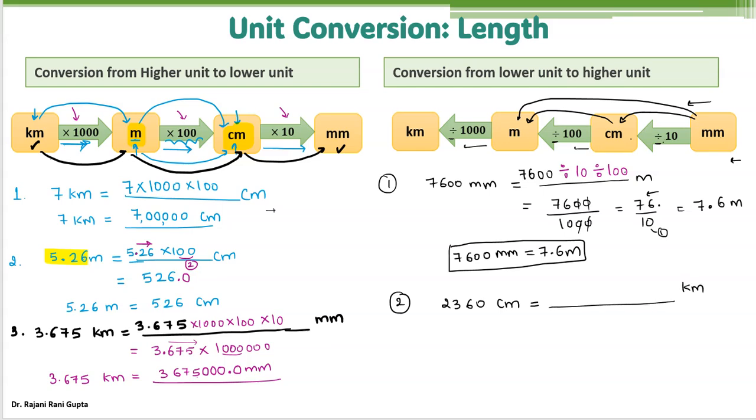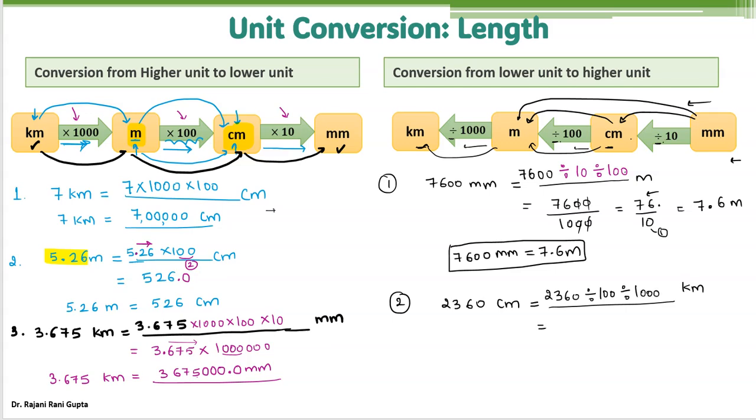So what you will do? First write the same number, 2360 divided by, you are at centimeter, you want to reach kilometers. So you have to divide by 100 first and then divide by 1000.